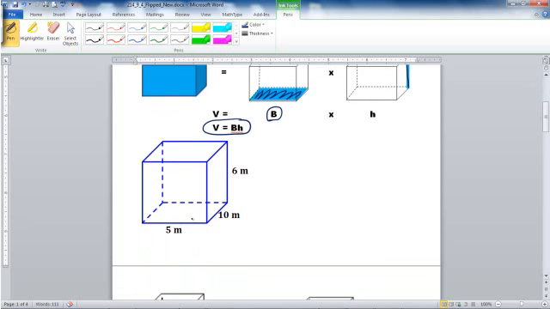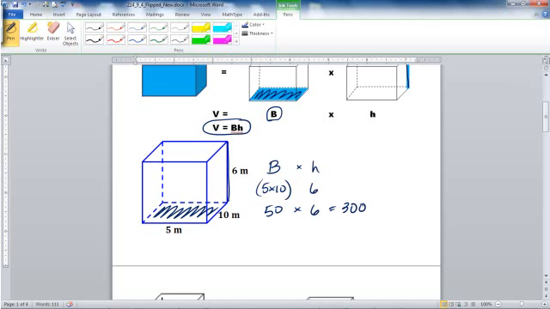So for an example, my base in this case, we can look at it as this one right here. That's 5 times 10, so that's the area of my base, times my height. And my height is obviously 6 right there. So 5 times 10 is 50, and 50 times 6 is equal to 300.